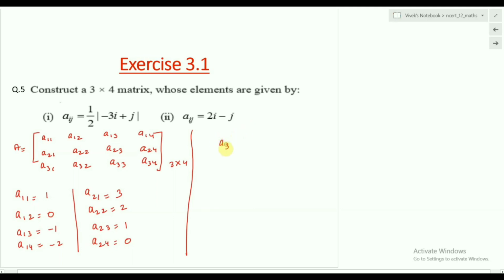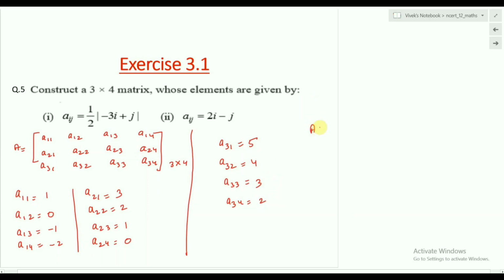Similarly, we will find out A31. 3 into 2 will be 6, minus 1 will be 5. So A32. 6 minus 2 will be 4. A33. 6 minus 3 will be 3. A34 will be 2.